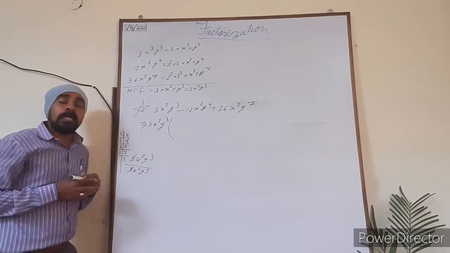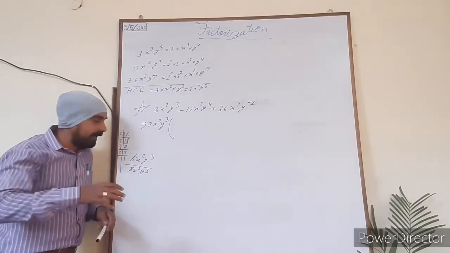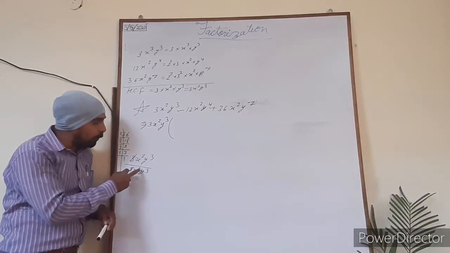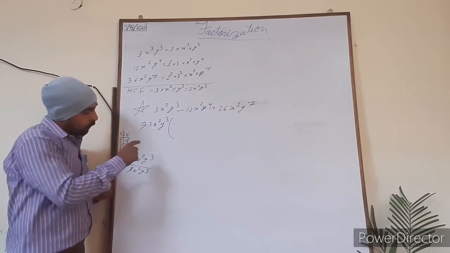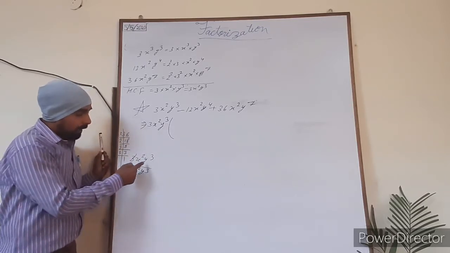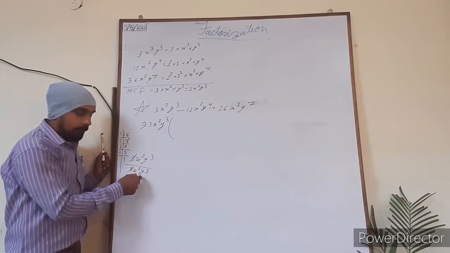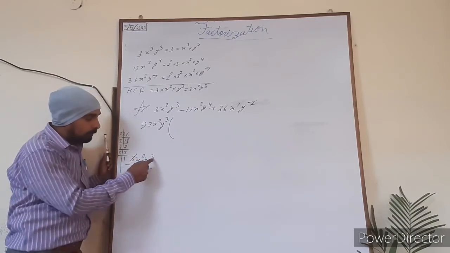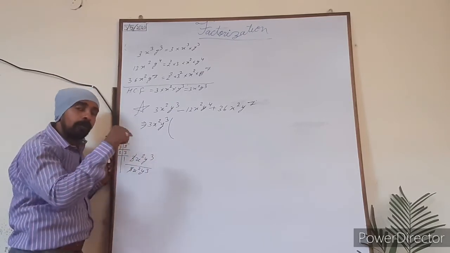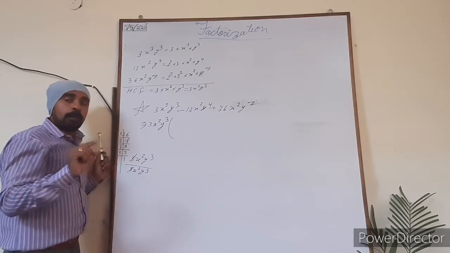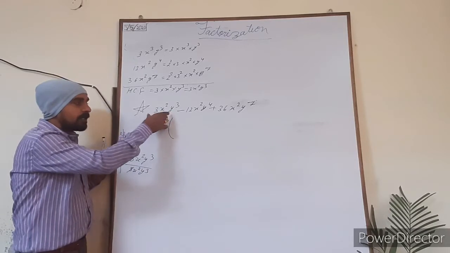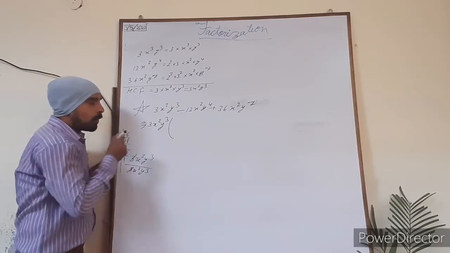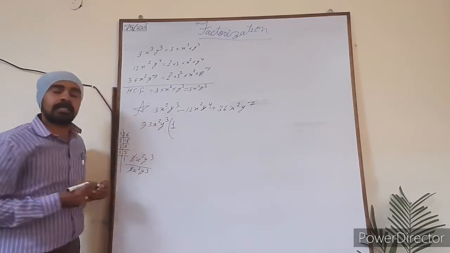Or you may say that in the case of division the power will be subtracted, so that will be x to the power 2 minus 2, that is x to the power 0, which means 1. And y to the power 3 upon y to the power 3 will be y to the power 3 minus 3, that is also y to the power 0, and y to the power 0 is also considered as 1. So when this first term is divided by this common factor, you are going to take 1 as the result.